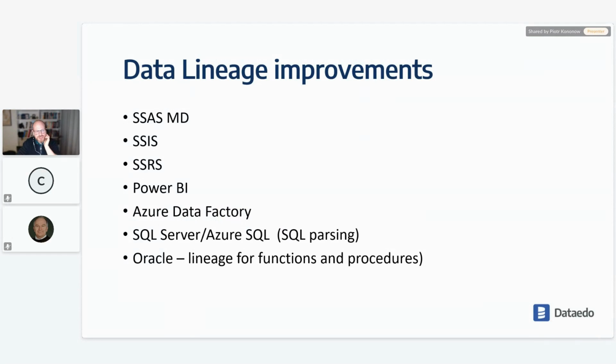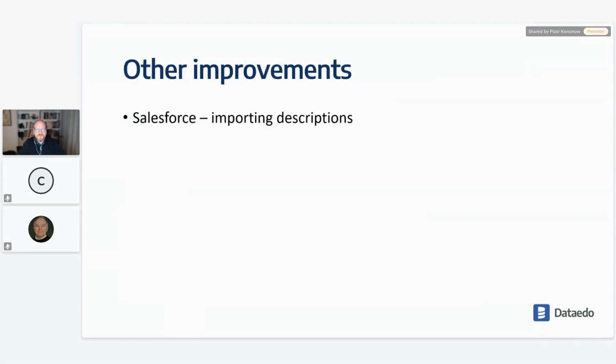For Oracle, we are now building Lineage for functions and stored procedures. That's quite an exciting improvement for Oracle. And for Salesforce, we are now importing descriptions. It's a minor change, but might be useful if you're importing Salesforce.